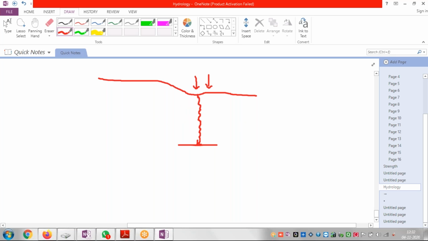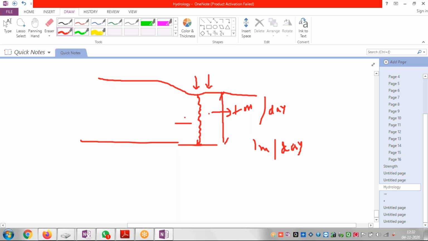So this water drop came to a depth of 1 meter in 1 day. So the infiltration rate or infiltration capacity is how much? 1 meter per day for this soil, right?